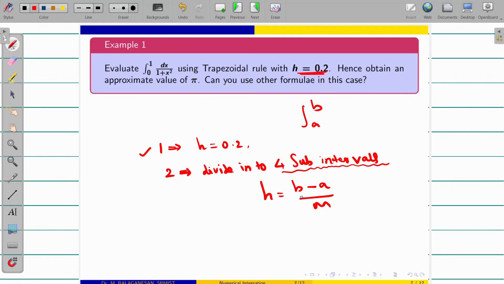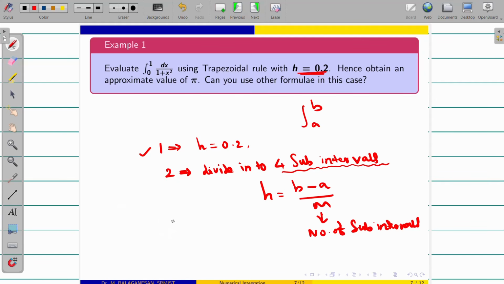So upper limit minus lower limit, b minus a divided by m. What does m represent? Number of subintervals. This is second kind guys.